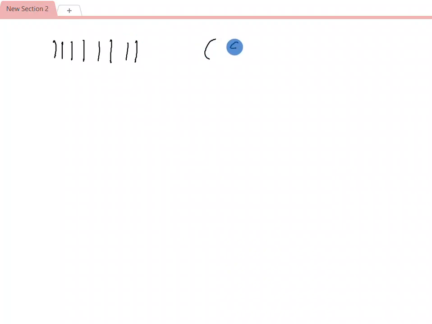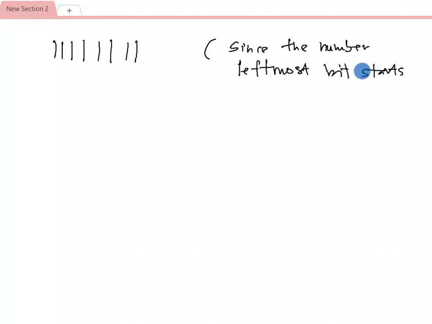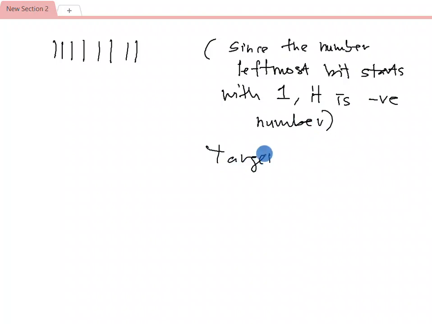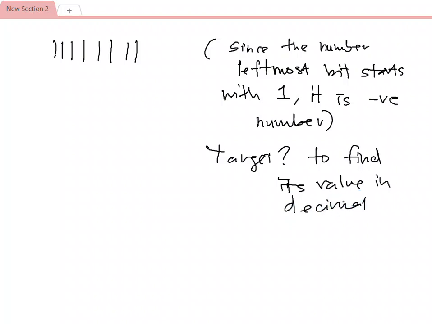Since the leftmost bit starts with 1, it is a negative number. So now our target is to find its value in decimal.